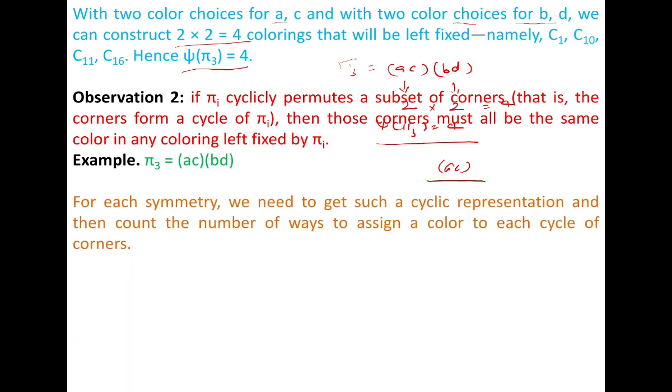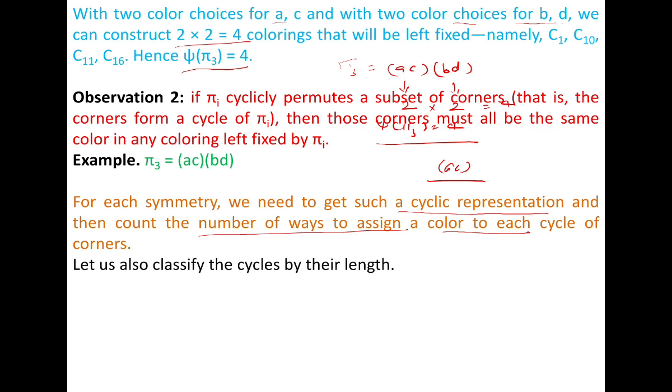So now to compute psi of pi, it is better to get a cyclic representation for each symmetry and count the number of ways to assign a color to each cycle of corners. To further simplify it, let us classify the cycles by their length.